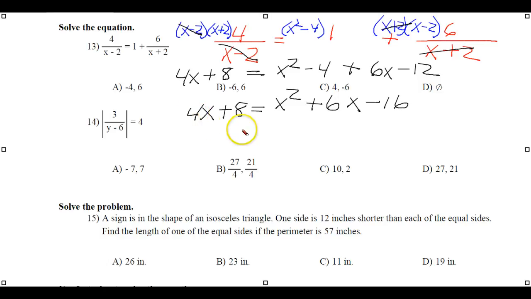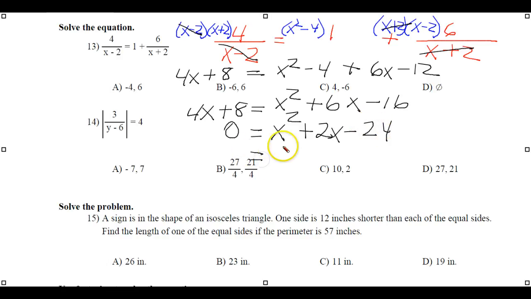So I'm going to subtract 4x from both sides. And that gives me 2x. I'm going to subtract 8 from both sides. That gives me a negative 24. That equals 0.